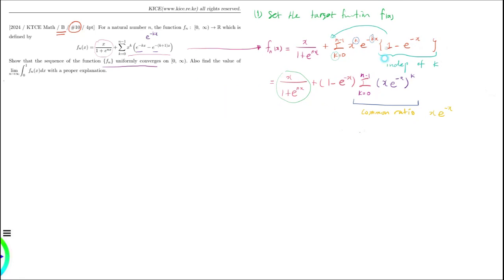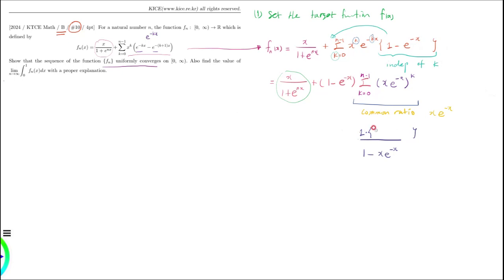Okay, so I can compute the summation part, which is 1 minus its common ratio, x times e to the minus x, to the nth power, over 1 minus the common ratio, times its first term, which is 1.